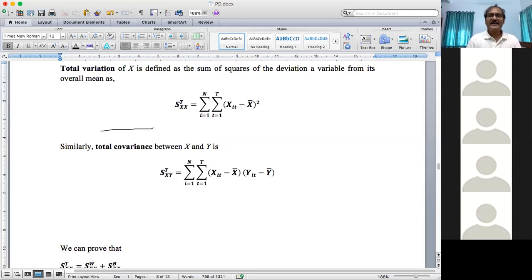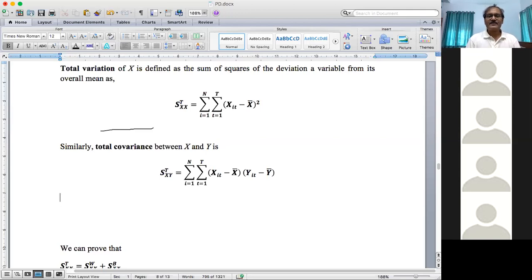It may be a simple linear regression model or a multiple linear regression model, but our ultimate objective is to estimate a model with this data. So how do we get an estimate? You are familiar with the classic formula for beta hat for a simple linear regression model: beta hat is equal to the sum of xy divided by the sum of x_i square.